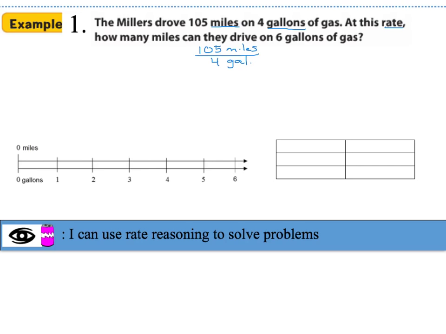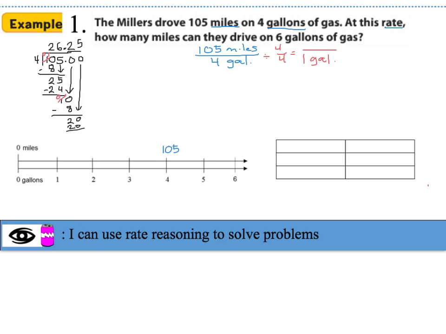So let's use the double number line first to solve this problem. I'm going to place 105 miles right above the 4 gallon mark. Now I want to figure out the unit rate. In order to get the unit rate, I need to make sure the denominator is 1. So let's divide the top and bottom by 4 because then I can get 1 gallon on the bottom.